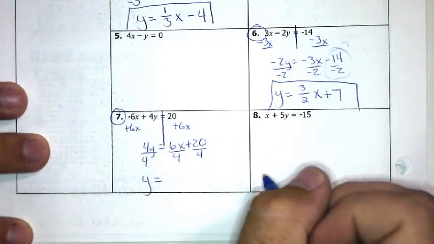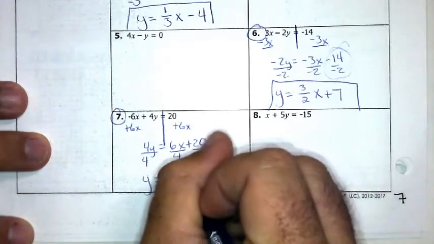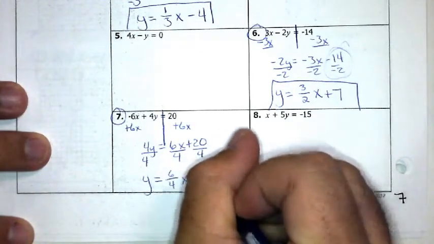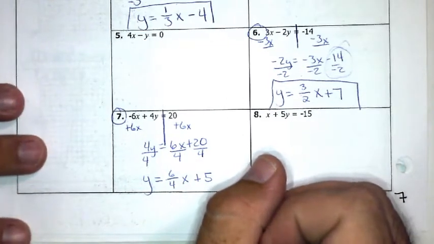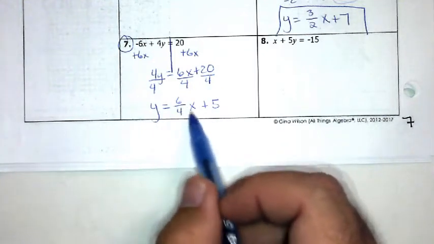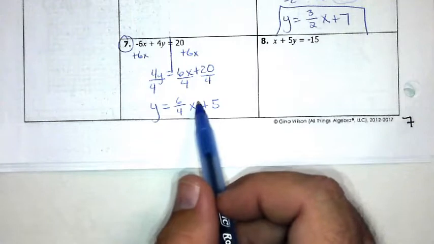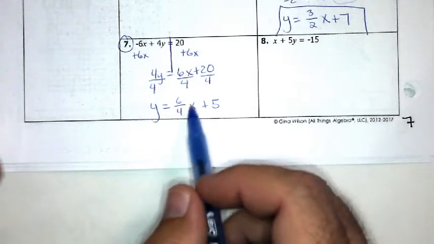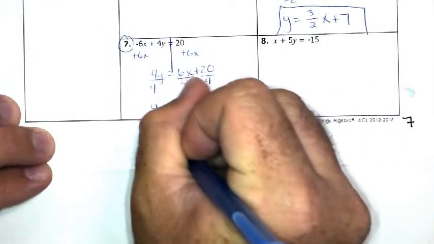Now, this is technically correct, but what do we need to do with this fraction right here? Simplify it. So 6 over 4 can reduce to 3 over 2x plus 5. Always reduce your fractions, even if they're improper, to the lowest form.